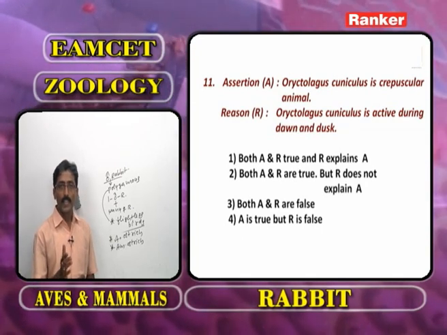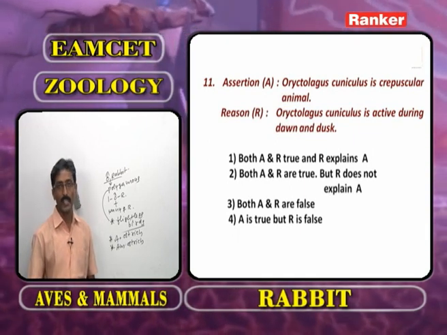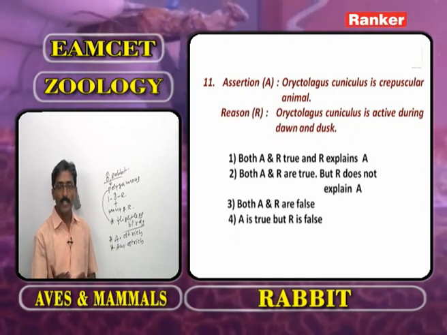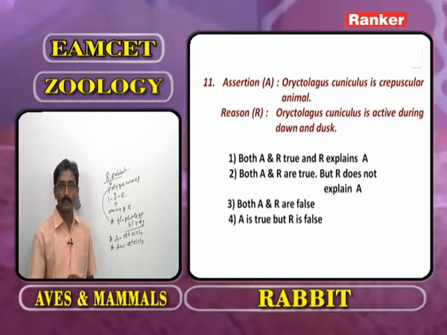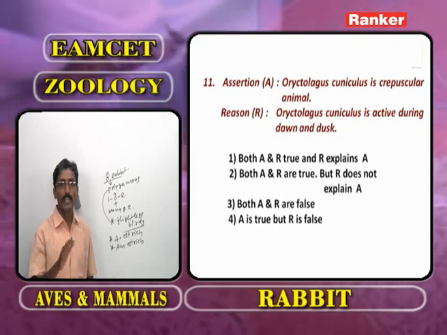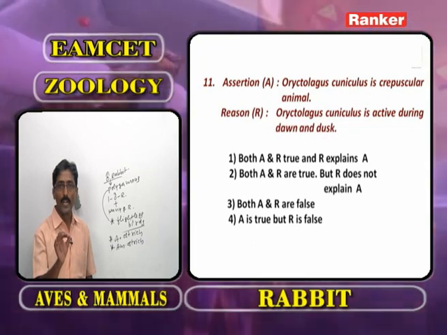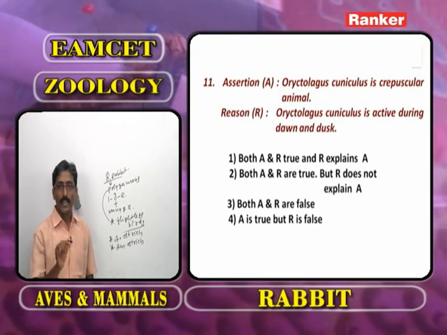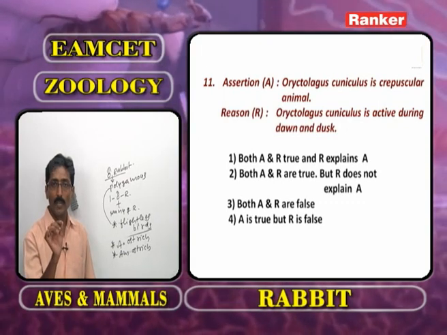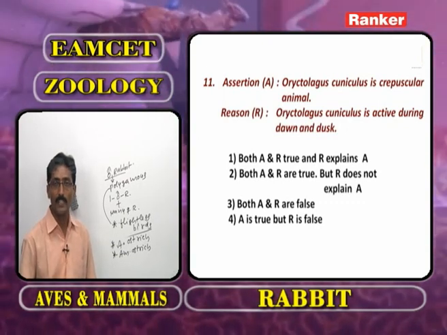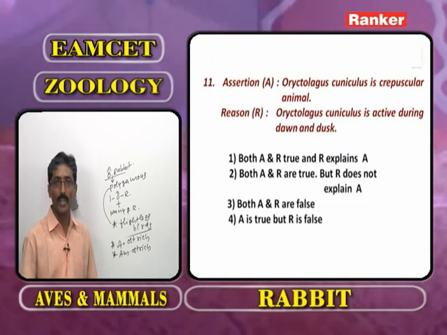It means in the early hours of the day and in the evening time, the rabbit is very active. The rabbit is considered a good entertainer. If we observe the biological systems of the rabbit, we can understand all systems of the vertebrates.